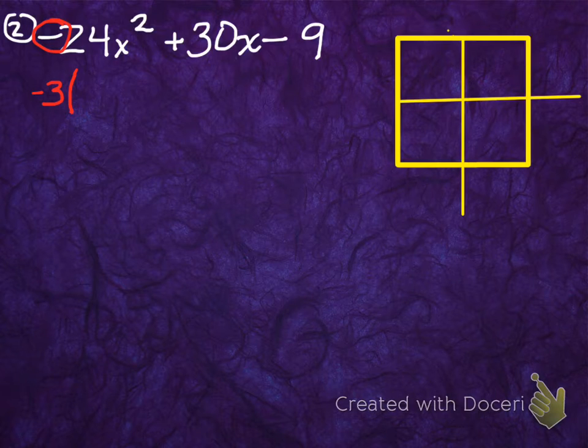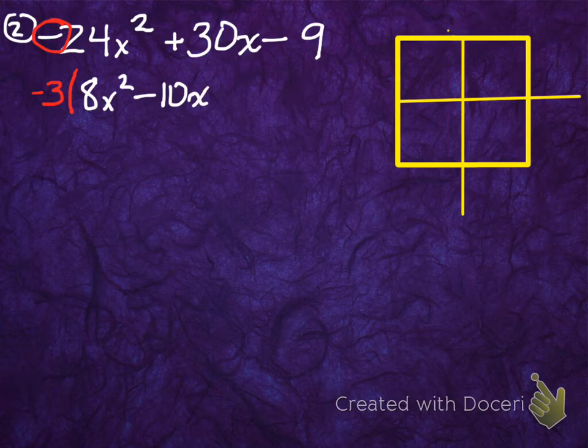And so if I do negative 24 divided by negative 3, I get an 8x squared. 30x divided by negative 3 is going to be a negative 10x. Negative 9 divided by negative 3 gives me a positive 3.